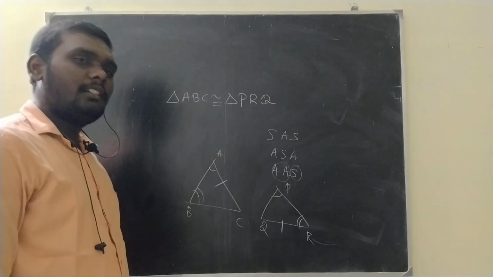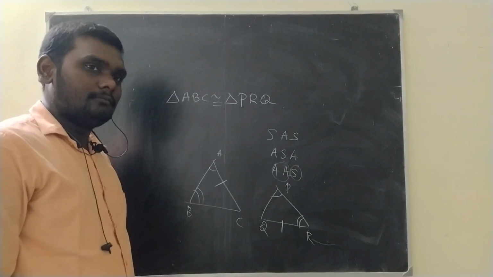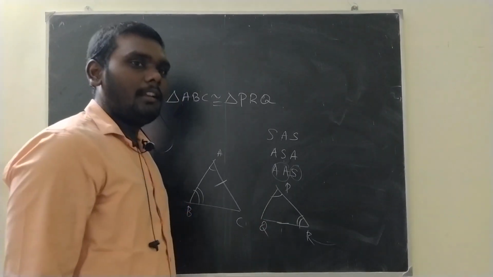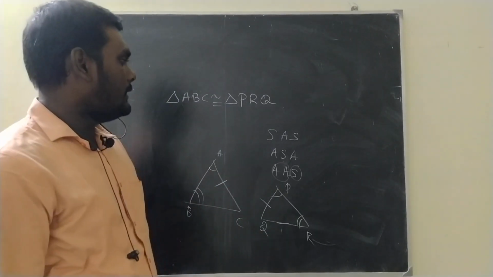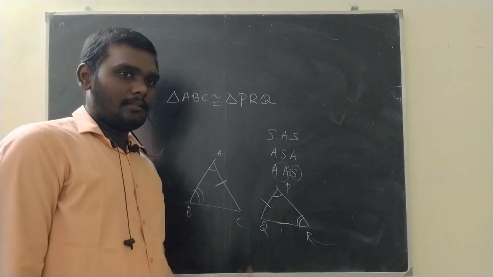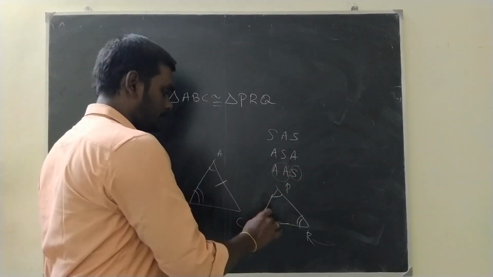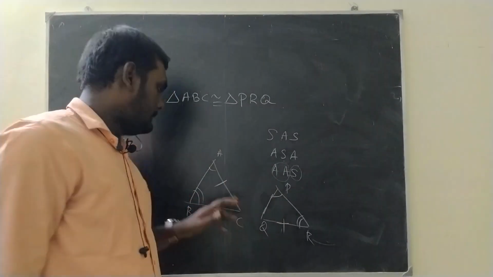No. But you said it is congruent. Instead of this QR, I am telling you to think deeply. If this PQ were equal, we could say these two triangles are congruent. But what do we have instead? Only this side. There is a clue for that.